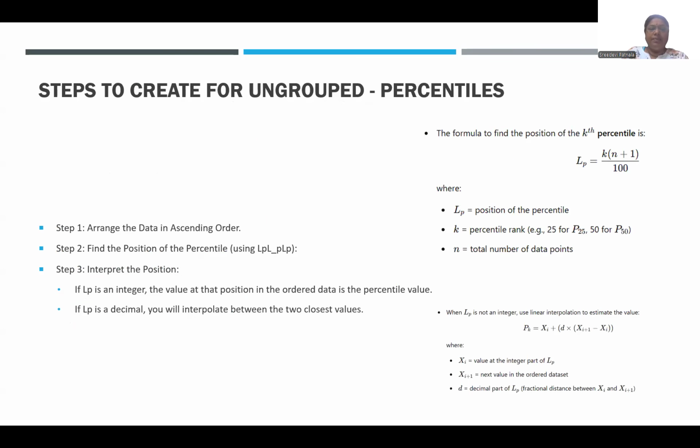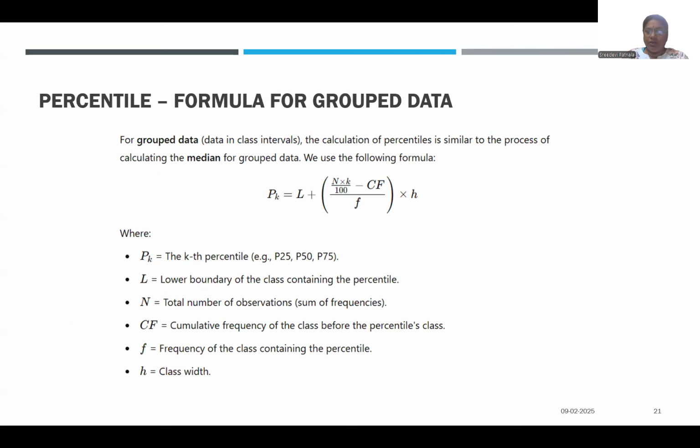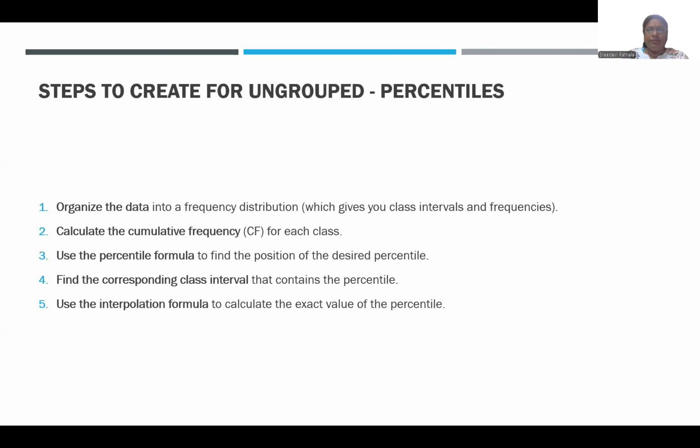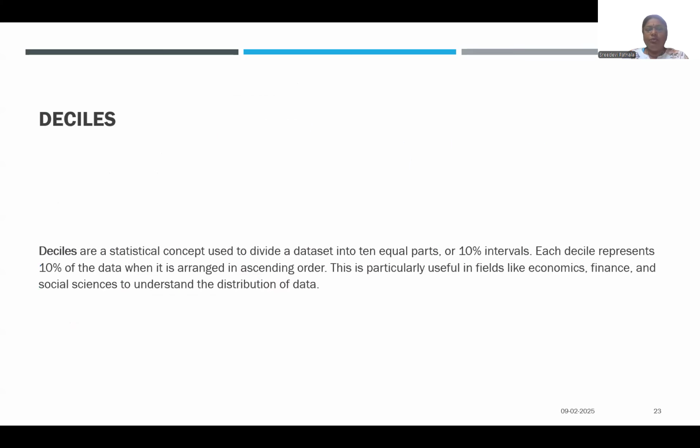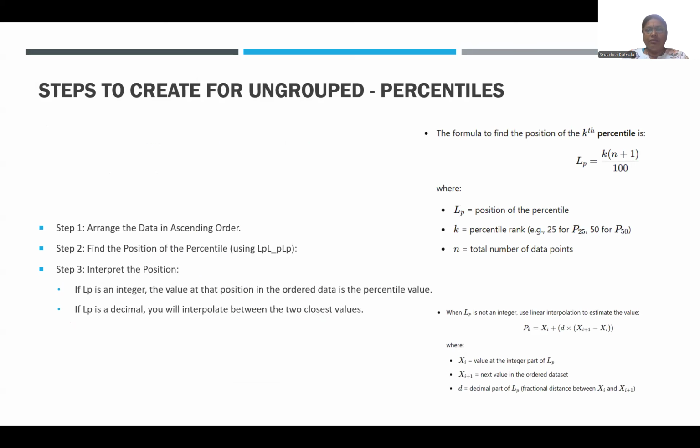Okay. Next comes the ungrouped data. How to do the ungrouped data? So we took one formula for grouped data, and for ungrouped data we have this formula.